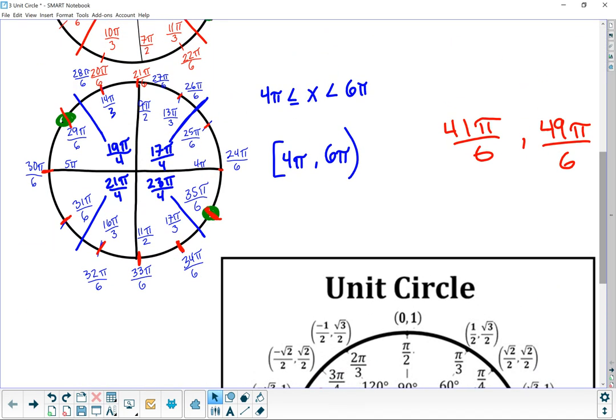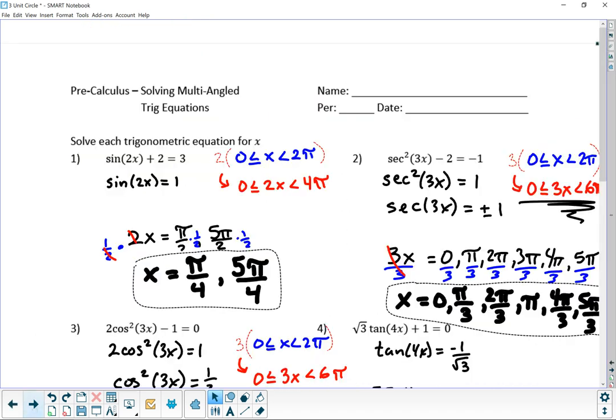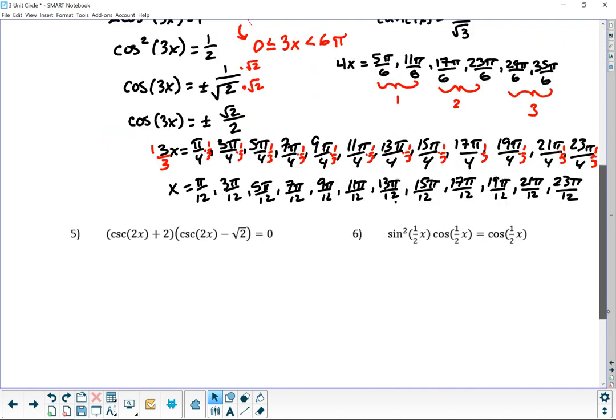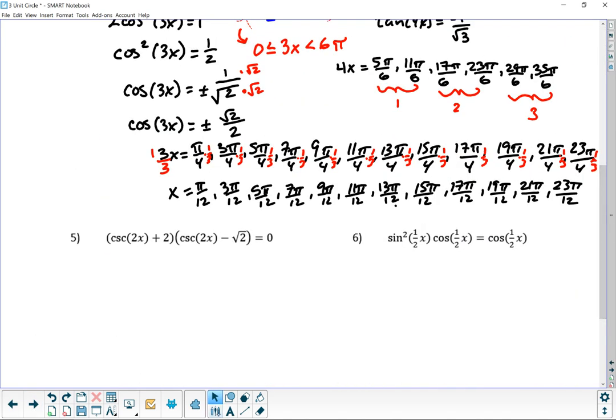The last one's 41 and 49 over 6. So round 4 is 41 pi over 6 and 49 pi over 6.